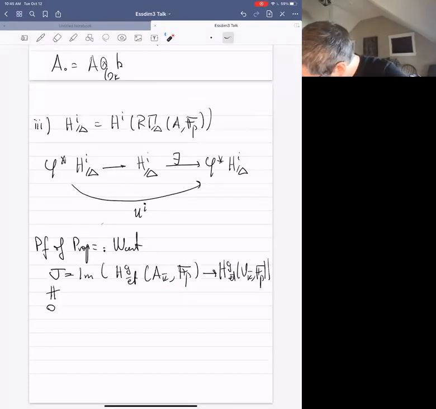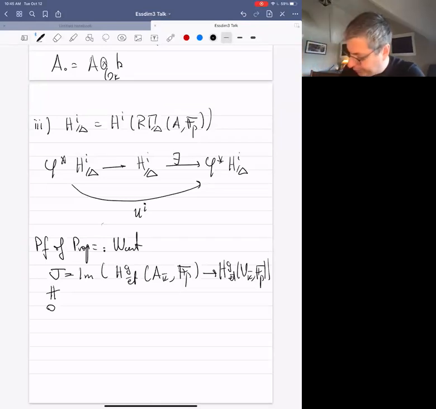Okay. So again, U is going to be open in A. So we want to show that the image of this is non-zero, where U in A is open and dense.